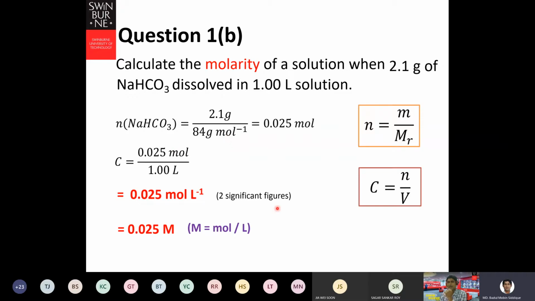Can anybody tell me how many molecules of sodium bicarbonate are there in 84 gram of sodium bicarbonate? Anybody? Can you just type? Guys, are you listening? I got one answer.